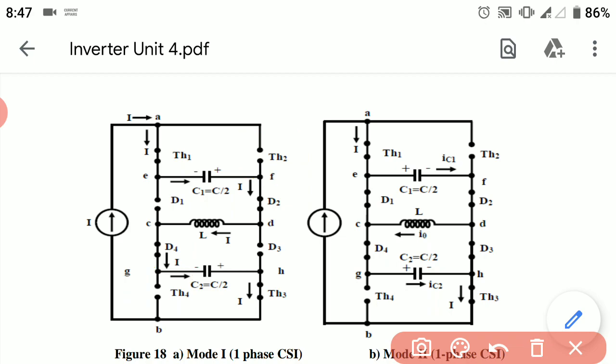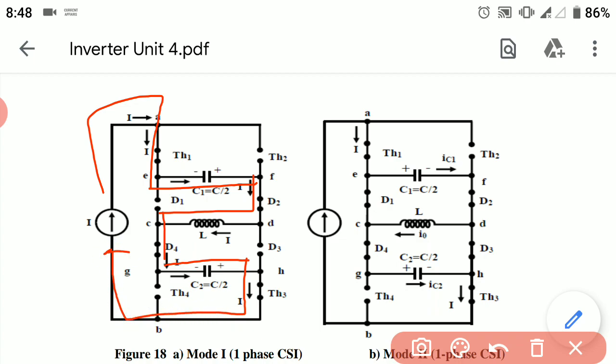As the thyristors TH1 and TH3 are conductive, the current through the circuit will flow as shown here. The current flows through the thyristor TH1, through the capacitor C1, through the diode D2, through the load, then through the diode D4, through the capacitor C2 and through the thyristor TH3, and goes back to the source.